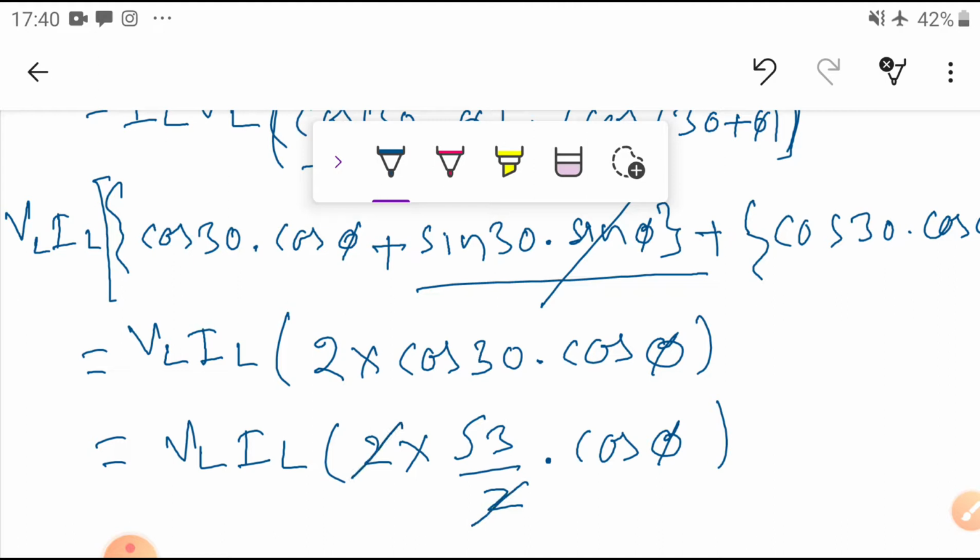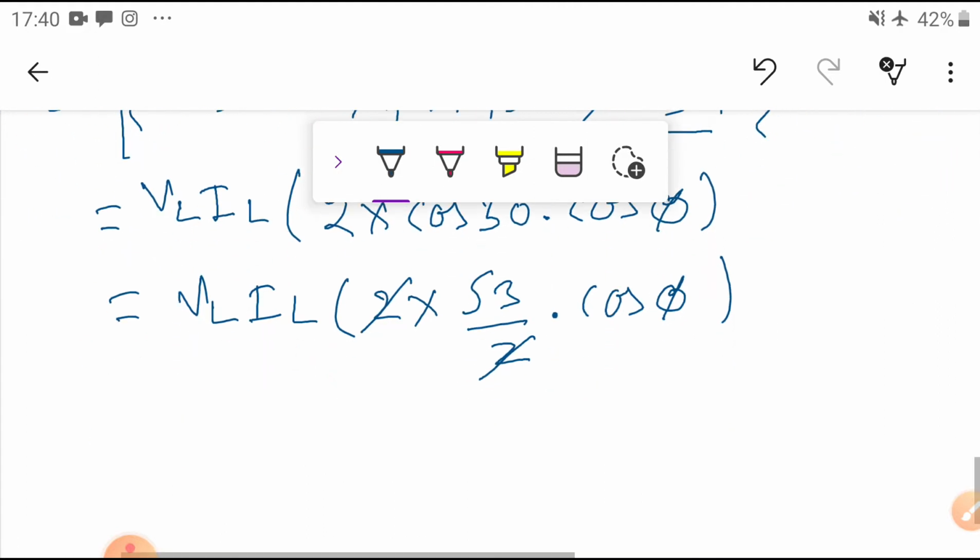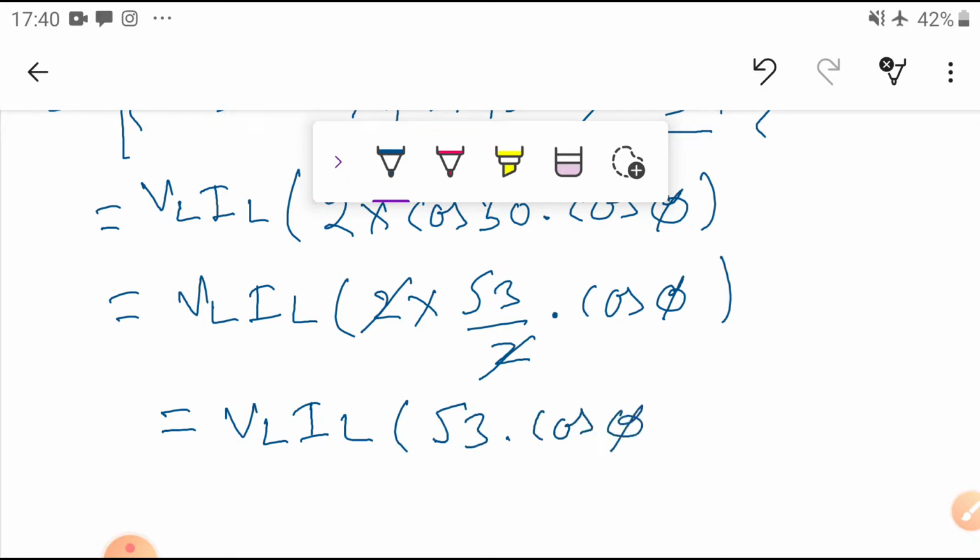The 2 gets cancelled. Now what is the value? That is equal to VL IL into root 3 into cos 5, that is root 3 VL IL cos 5.